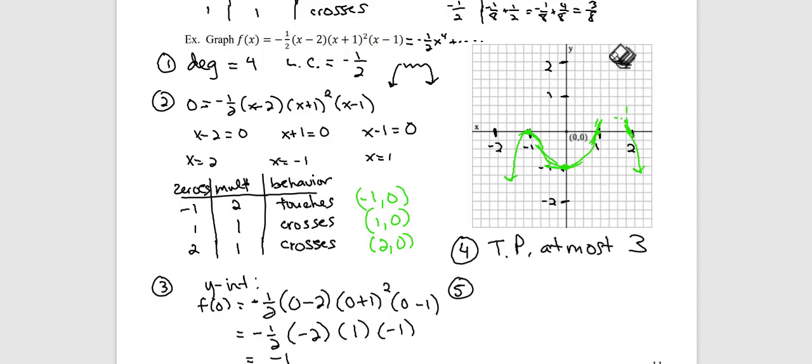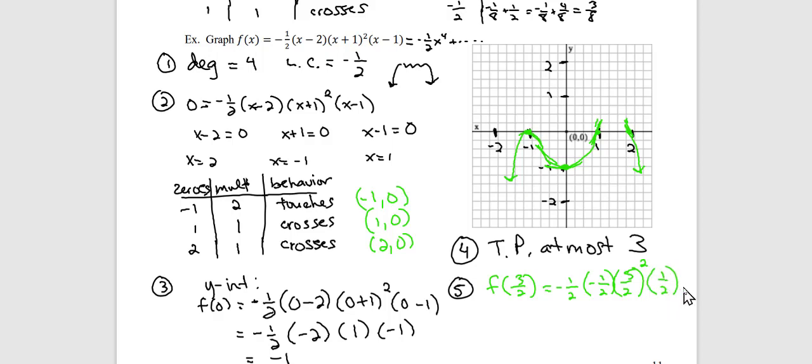I'm going to plug in 1.5 into this function, f of 3/2. I think it's easier as a fraction. 3/2 minus 1 would be 1/2, and 3/2 minus 2 is also -1/2. 3/2 plus 1 would be 5/2, and I need to square that.